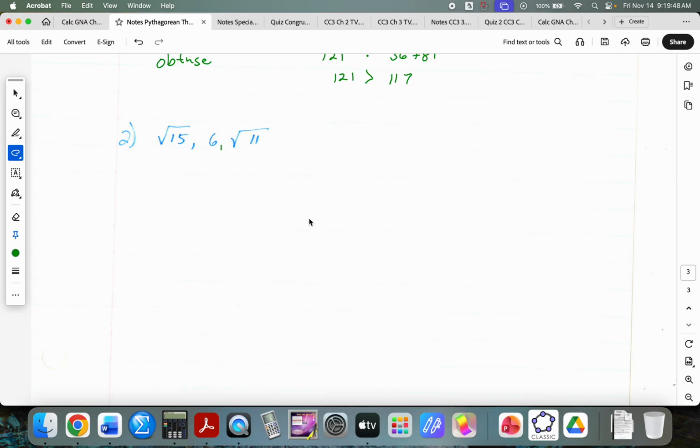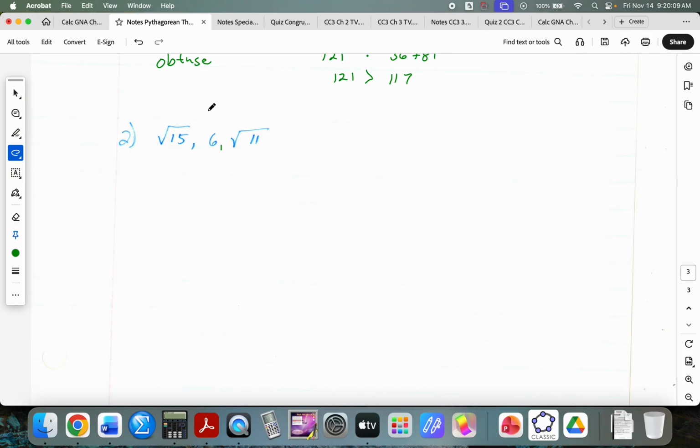All right. For this next one, how do we know which side is the biggest side? Getting the square root, that's equal to 6. Yes, okay, I see what you're saying.